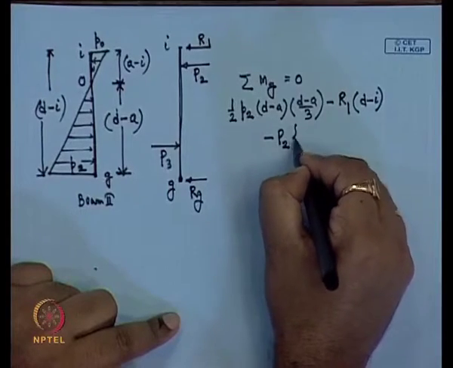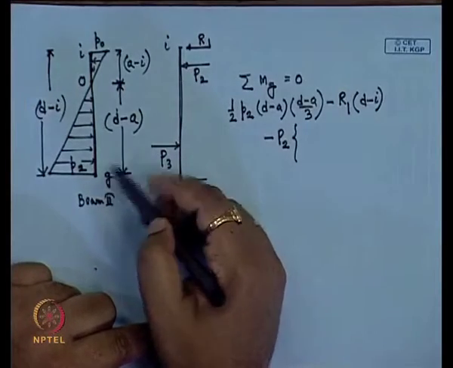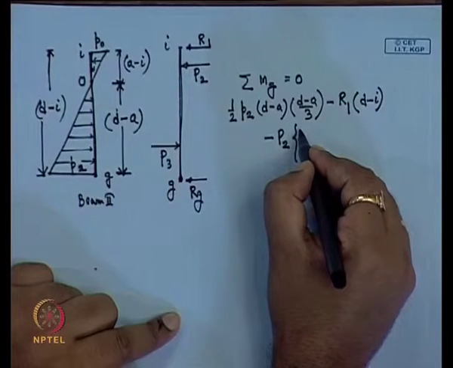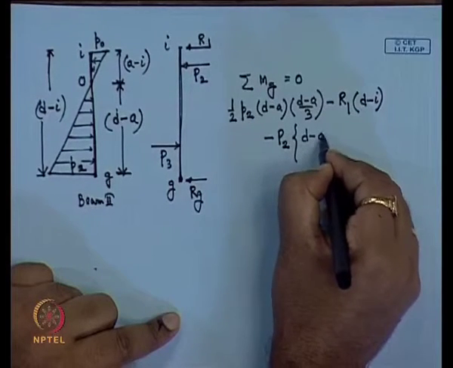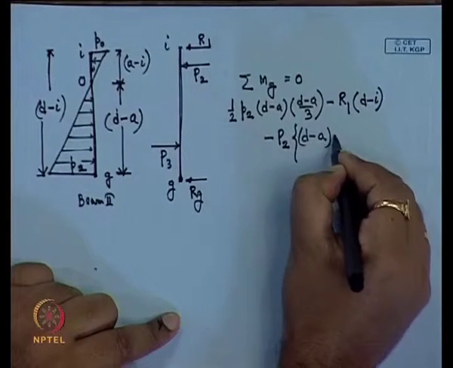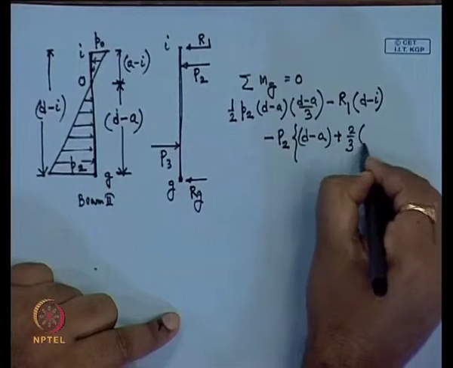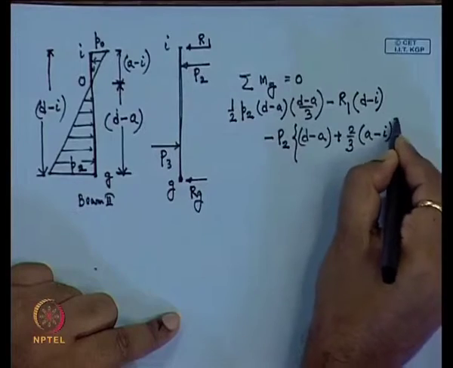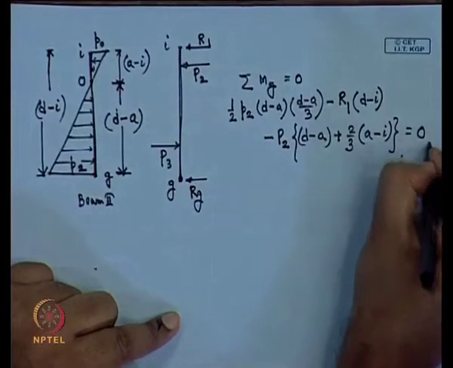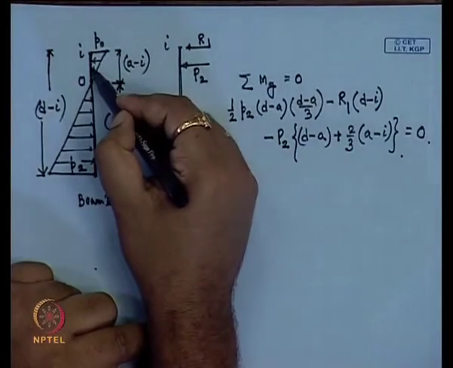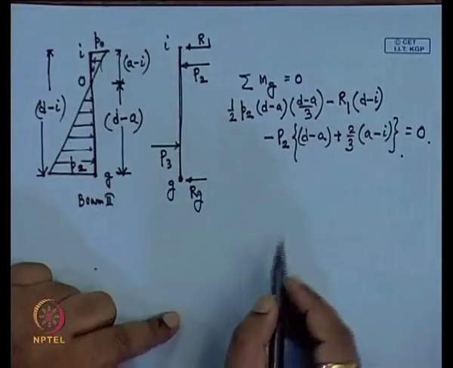So, that is acting at a distance of D minus A, then plus 2/3 of A minus I. So, that is equal to 0. So, 2/3 of A minus I of this small triangle.